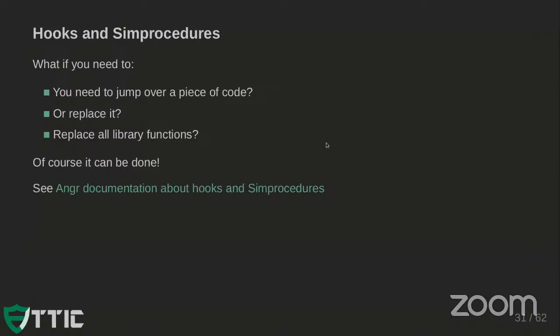So let's move on to the next exercise. Angr, sometimes like we saw, we need to avoid some functions, and most of the time we would like to avoid going into standard library code.